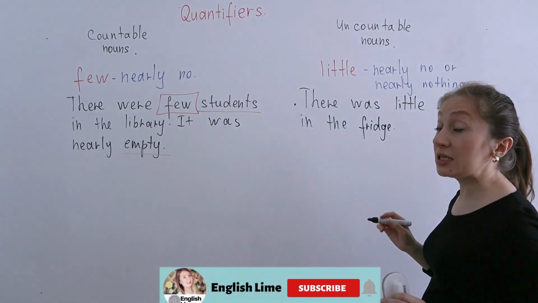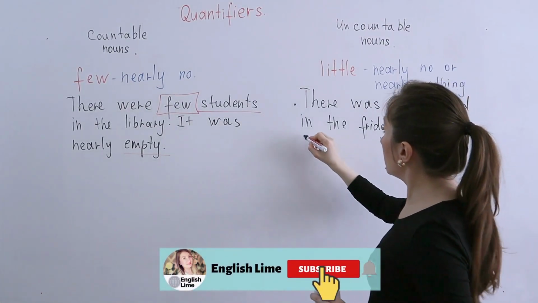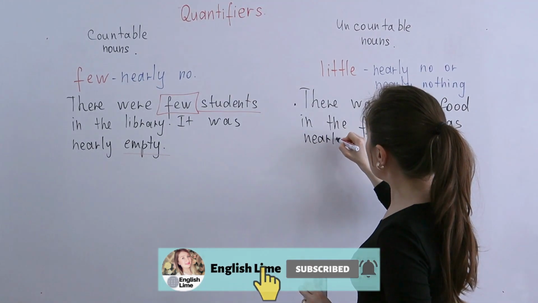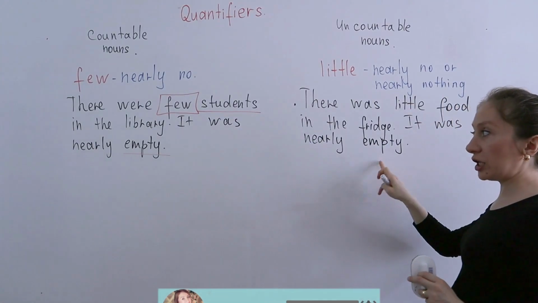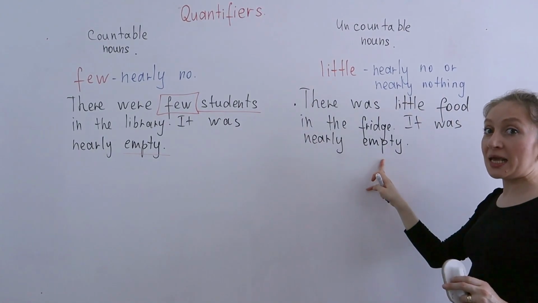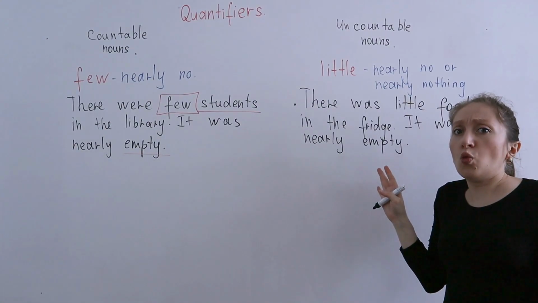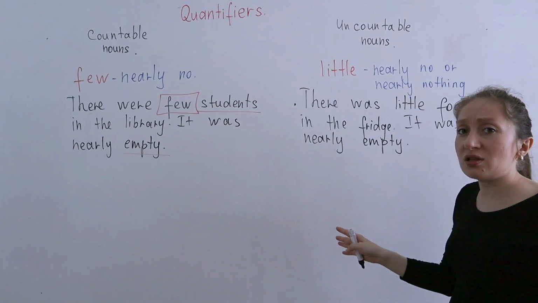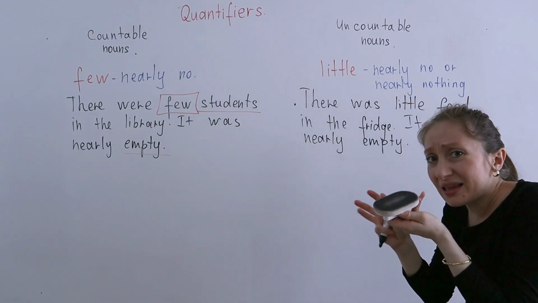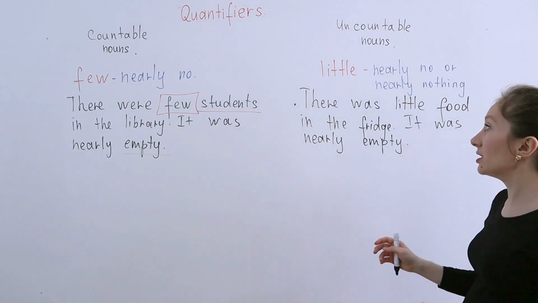It was nearly empty. Now you know the meaning of the word empty. It means that nearly nothing was in the fridge. Nearly almost nothing. Like some little food, but for me it's not enough. It's nothing for me, right?